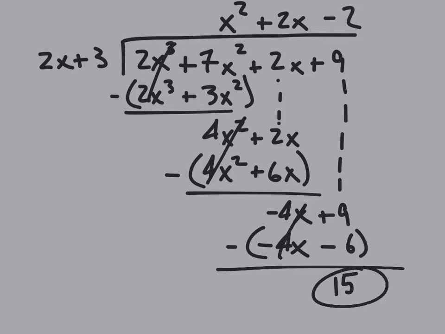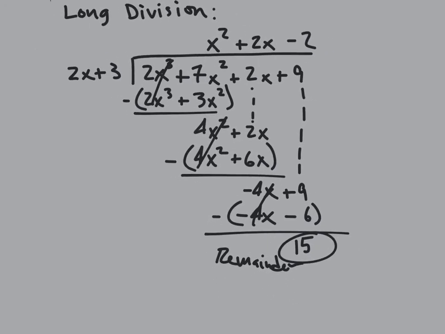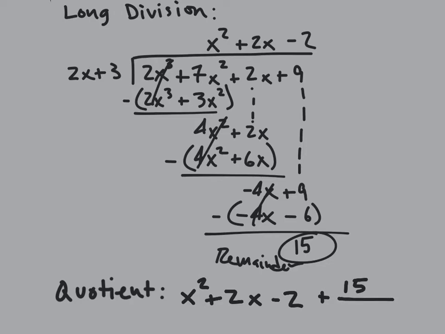Now this is our remainder. And we're going to need the remainder to write our quotient. All right, so our answer here, once we divide these two polynomials, is x squared plus 2x minus 2 plus 15 over 2x plus 3.